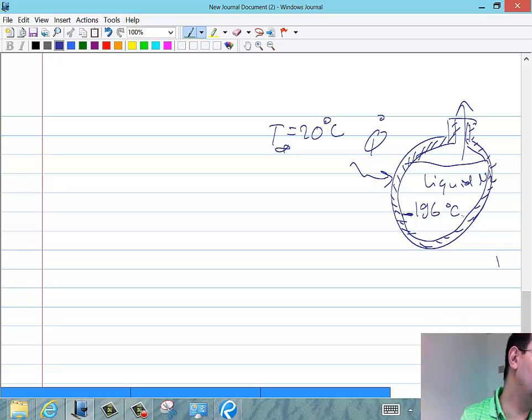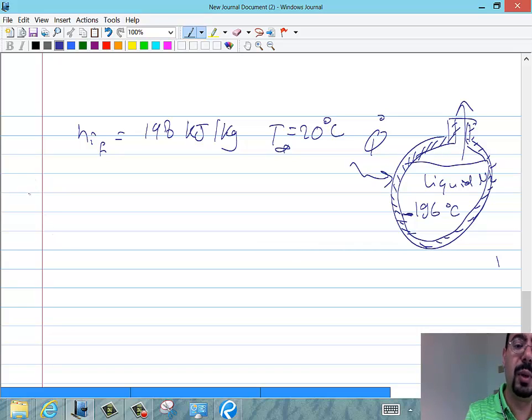He said any heat transfer to the tank will result in evaporation of some liquid nitrogen, which has a heat of evaporation of 198. So the latent heat, or let's call it h_fg, is 198 kilojoules per kilogram.